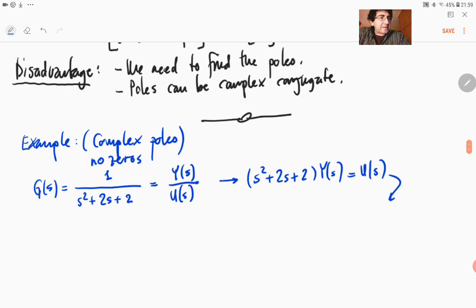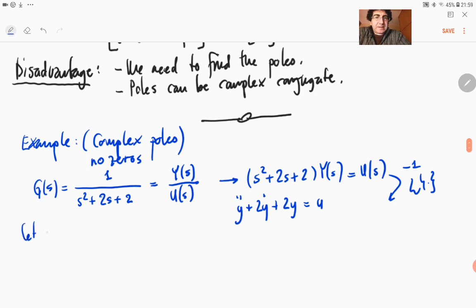Now if I take the inverse Laplace transform, I will get a differential equation: y double dot plus 2 times y dot plus 2 times y is equal to u.